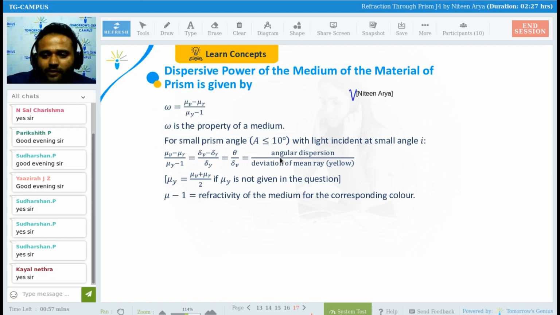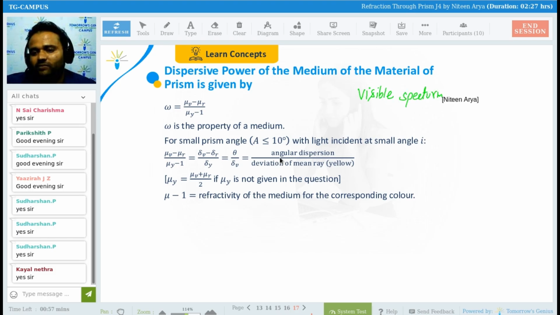VIBGYOR, or you can say visible spectrum, is 400 to 700 nanometer.